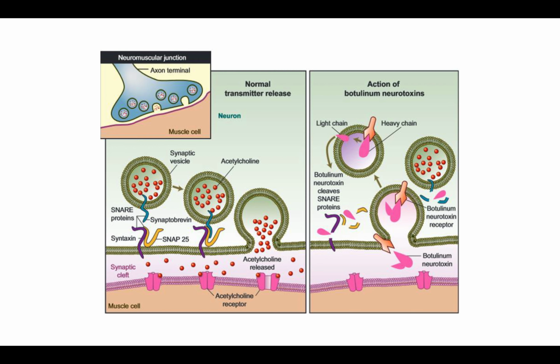So all those issues that were going to occur will no longer occur. It's not that acetylcholine is blocked, but synaptobrevin has nowhere to bind to form the SNARE complex, which means exocytosis of acetylcholine will not happen.